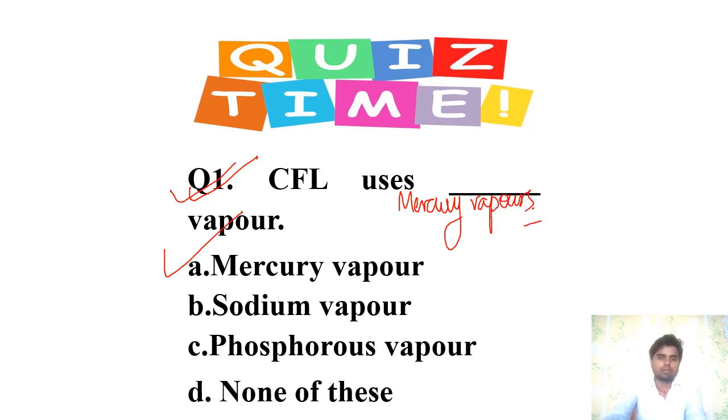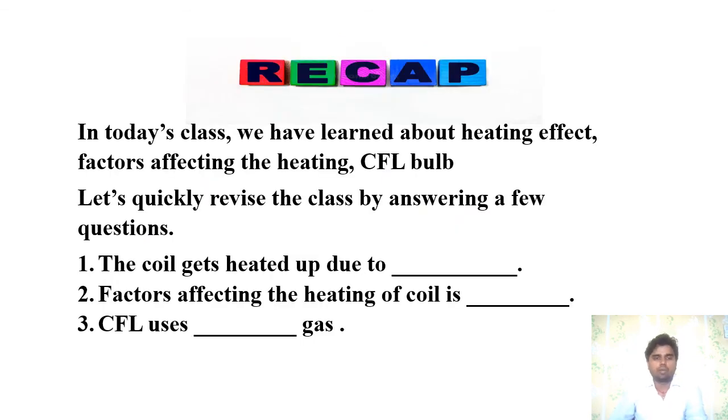Now we are going to recapitulate whatever we have studied today. In today's class we have learned about the heating effect, factors affecting the heating, and CFL. The coil gets heated up due to the resistance offered by the wire.